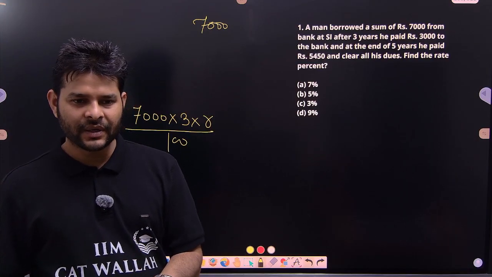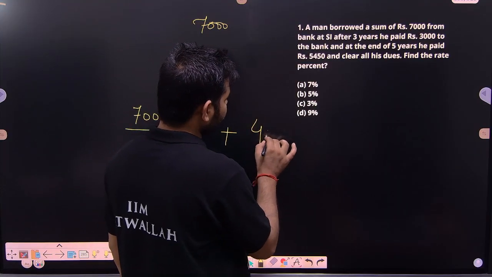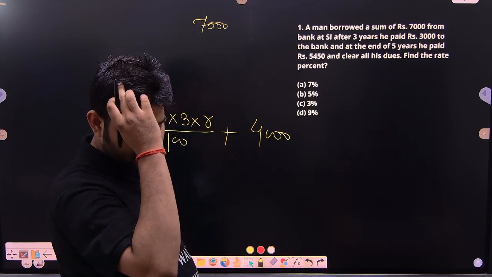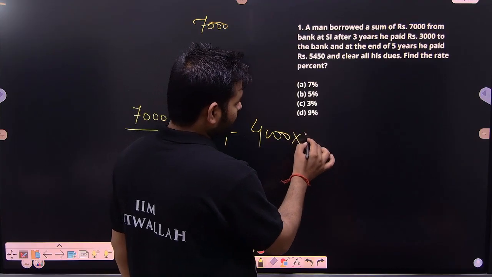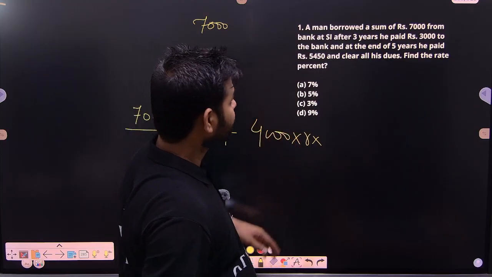4,000. Very simple. Now the bank will impose interest on that 4,000 with the rate of R% for how many years?